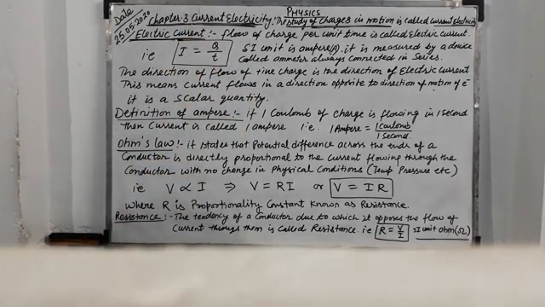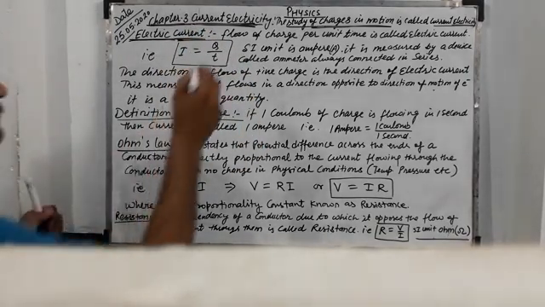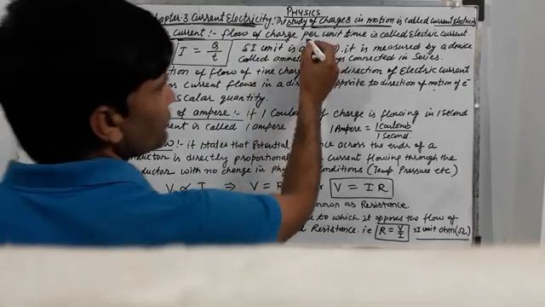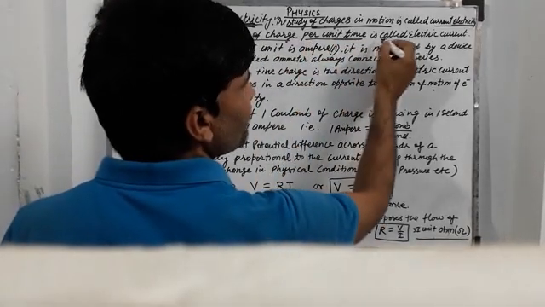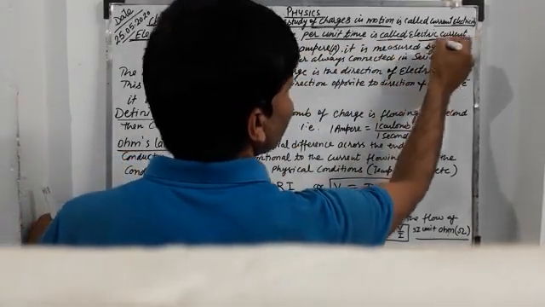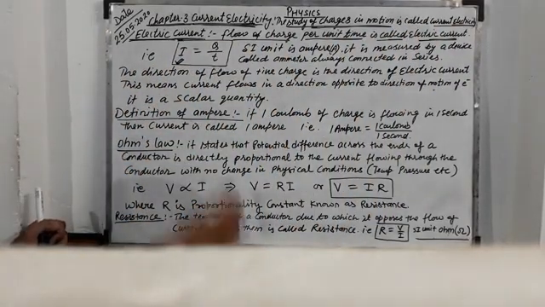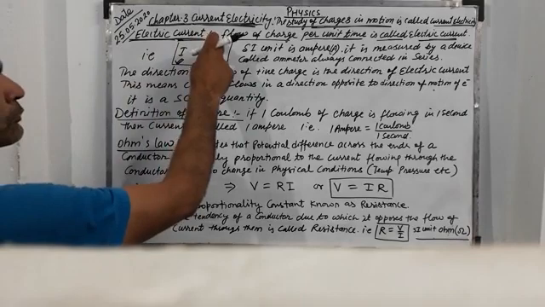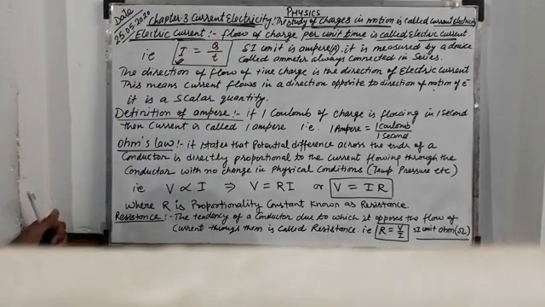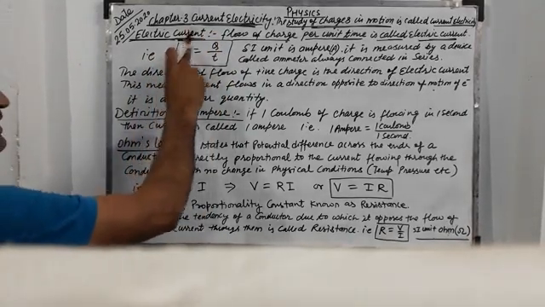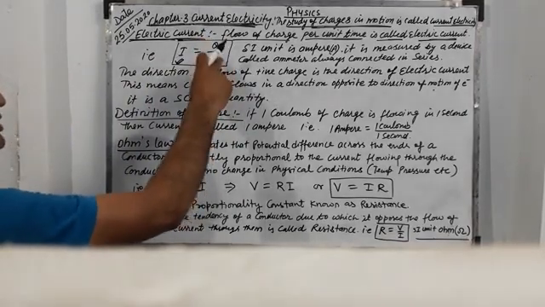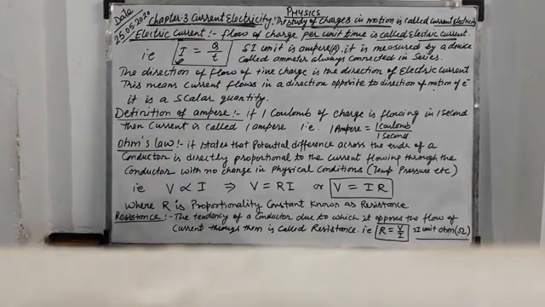Now the first heading is electric current. Most students know about this. The flow of charge per unit time is called electric current. This is denoted by capital I. That is, I is equal to Q upon T. Here I is electric current, Q is electric charge, and T is time.